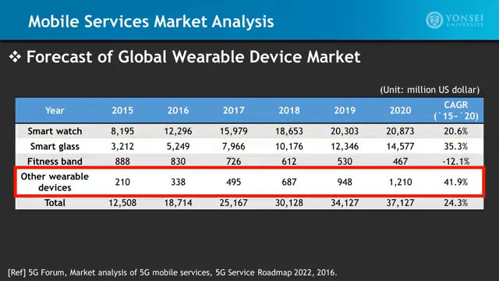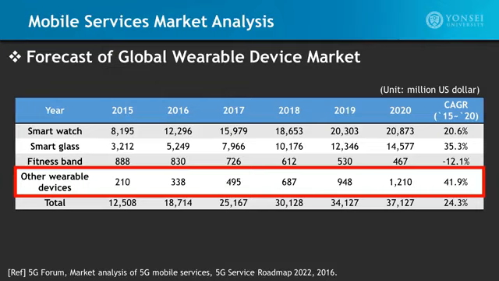Then, for other wearable devices, look at this. The growth rate is at 41.9%. What are the other wearable devices? Well, think about this: you have a necktie pin, you have your belt, you have your shoes, you have your pants, you have your underwear. Various things will all be effectively included with smart device technology.